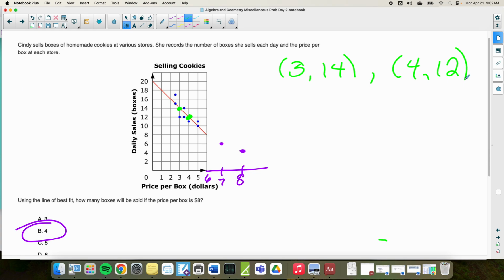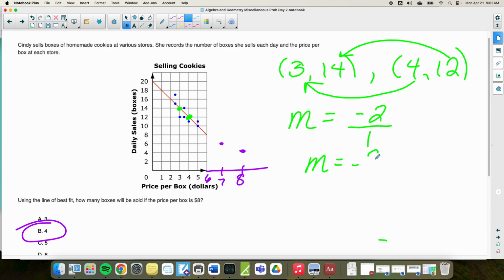You have to find the slope first, so let's do that. We'd go 12 minus 14 is -2. 4 minus 3 is 1. So my slope is -2. Then what I would do is use one of those 2 points, and it wouldn't matter which one. So (3, 14).